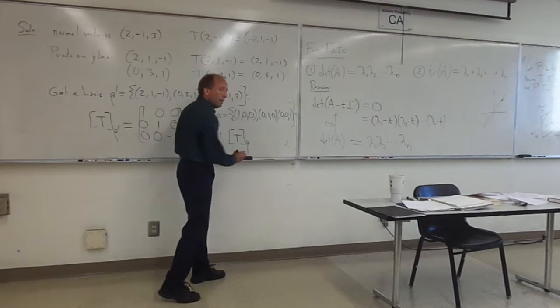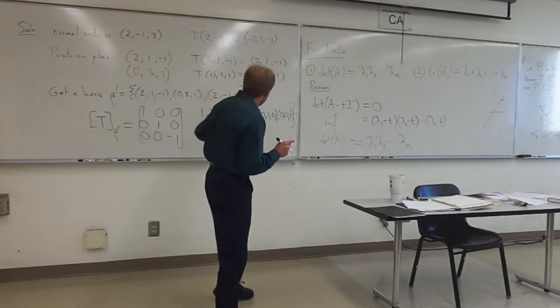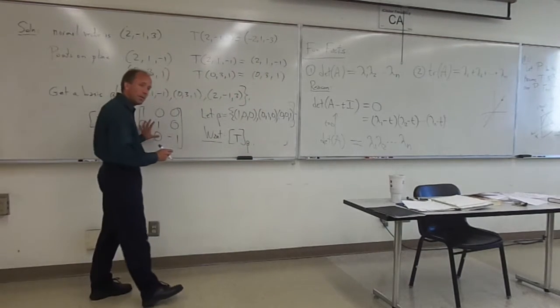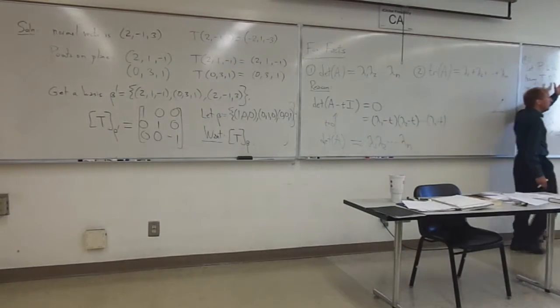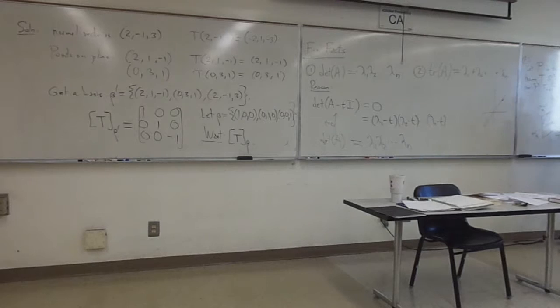Because here's why. If I want to answer the question of what is T of (a, b, c), (a, b, c) is really a coordinate vector with respect to beta, the new basis.